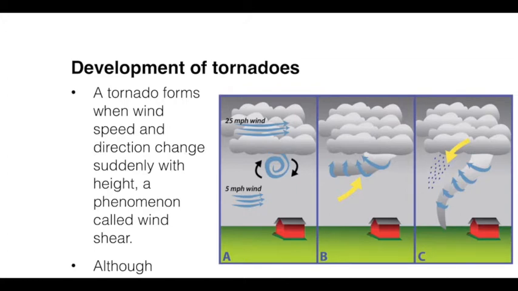So usually it's high speeds, low speeds, and what happens is that the air starts getting a turn in it because it's lopsided. You're having fast on one side, slow on the other side, so you end up with eddies of turning air. And if you can keep that going, okay, it has to be perfect conditions.